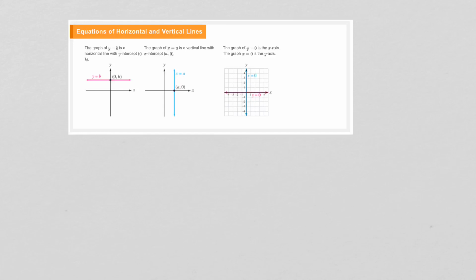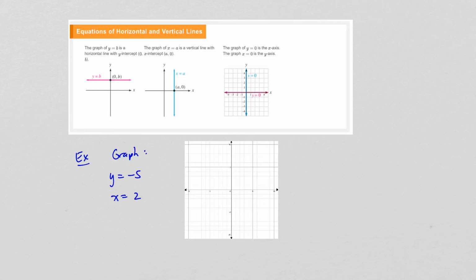Now, just to make sure we understand this completely, let's do a simple example. Let's graph the lines y equals negative 5 and x equals positive 2. And to do this, we'll bring a graph into the picture. And so to graph y equals negative 5, we know that's a horizontal line, so it has to go this way, and it has to cross the y-axis at negative 5, which is down here.